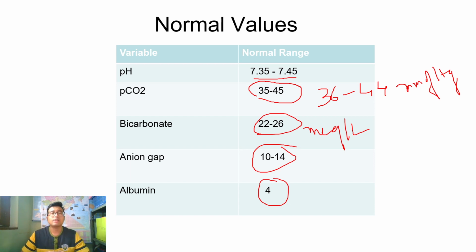In complex problems, or if you are a PG student watching this, or your friends, seniors or roommates are PG students, then they must be facing some problems in the NEET PG exam, where they will also be asked to find out what is the anion gap, what is the delta gap, whether the disorder is high anion gap or normal anion gap. Then we need some extra steps. Those are not needed for undergraduate students, so I am skipping them in this video. But if you are interested, please let me know. I will surely make a follow-up video to this one.